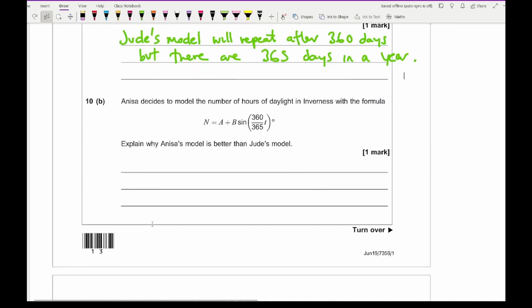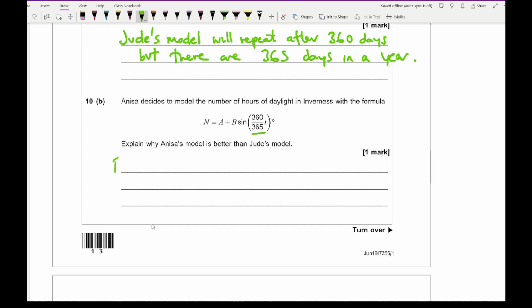Then for our final part, it says Anissa decides to model the number of hours of daylight in Inverness with the formula, and here we've got this, and the question says explain why Anissa's model is better than Jude's model. Well, it's for the simple fact that it actually works for 365 days.